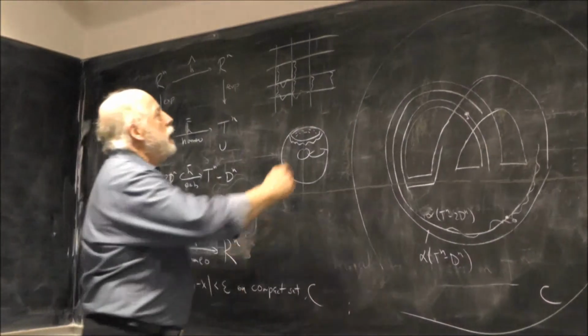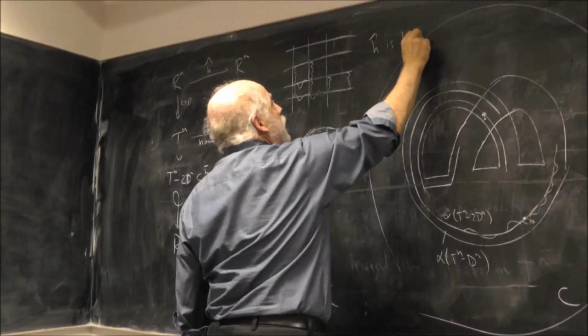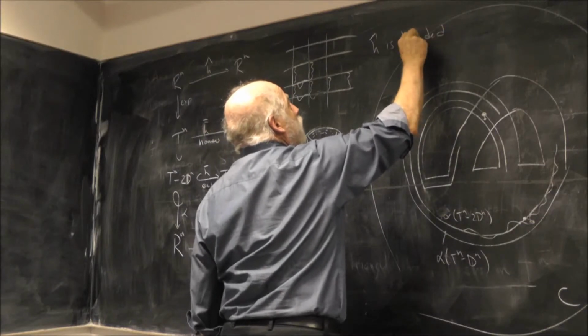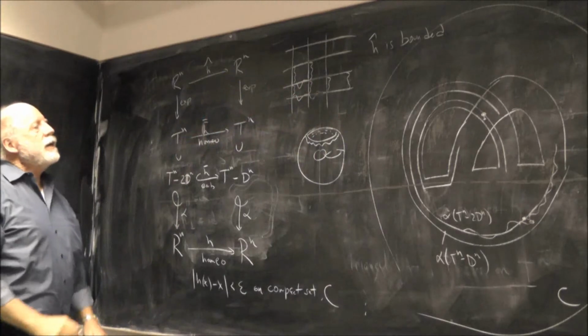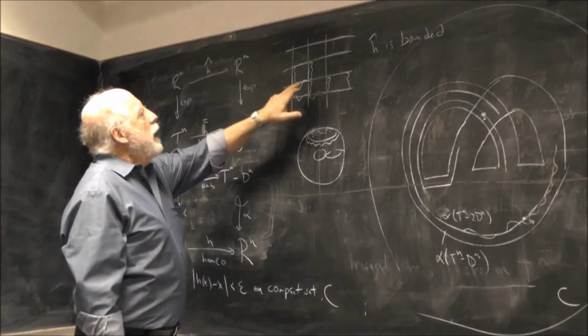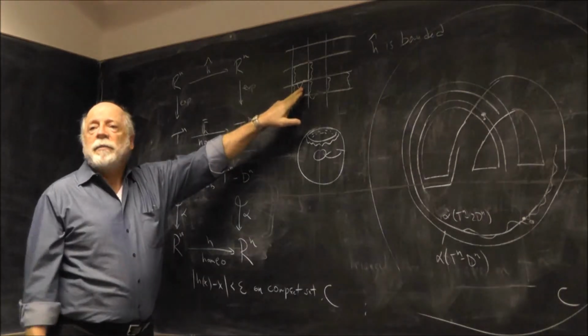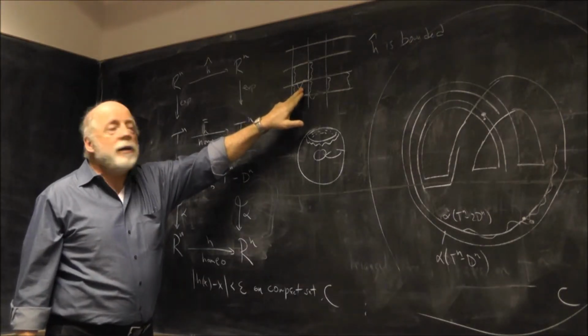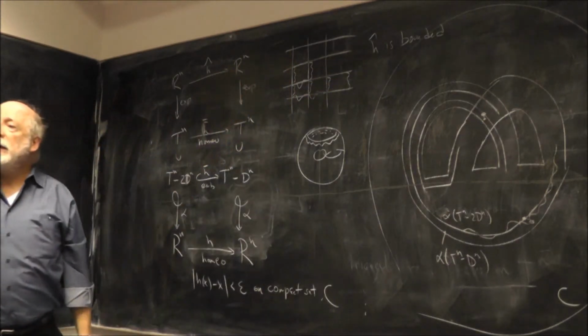That tells you that H hat is bounded. No point moves more than some constant. Remember Edwards-Kirby's theorem from the beginning. It's bounded because it's the same on every compact set. It's got some maximum distance a point is moved on a compact set, but then that's the same for every compact set. So it's bounded.